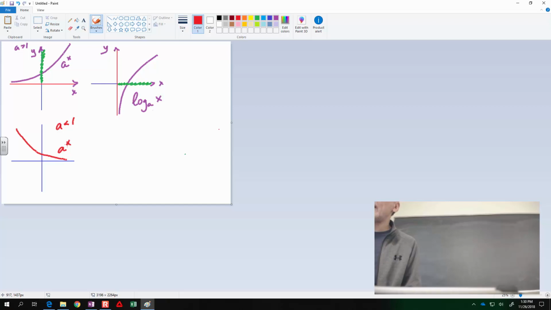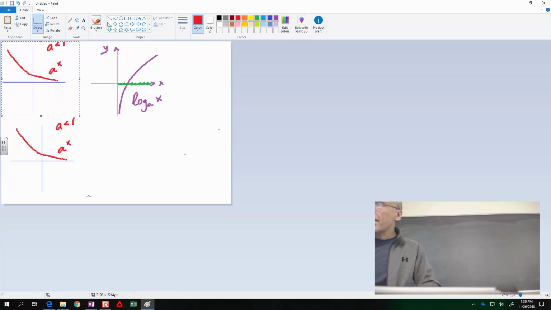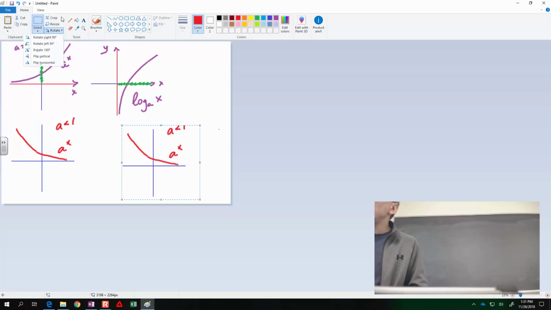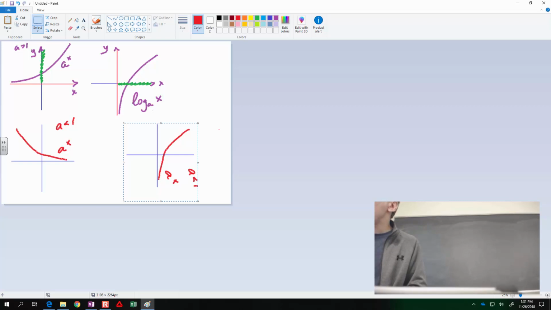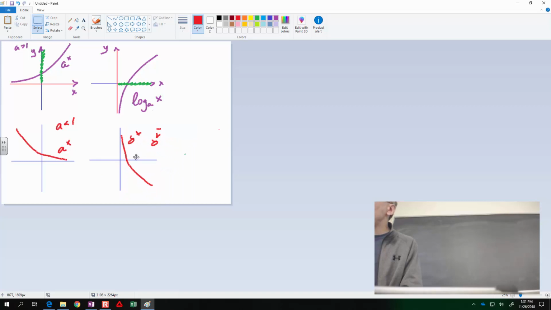It's still a to the x, but a is less than 1. And once again I carry out the flip. Rotate 90 degrees, and then flip vertically. So it's pretty much the same as the last one, only upside down.